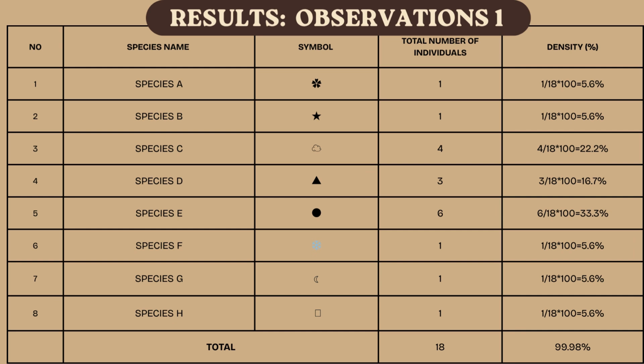The percentage is 5.6%, the same as species A and B. Species G, the symbol is Christian's moon. Count is 1, same as species F. Species H, the symbol is circle dot. Count is 1, same as species G.